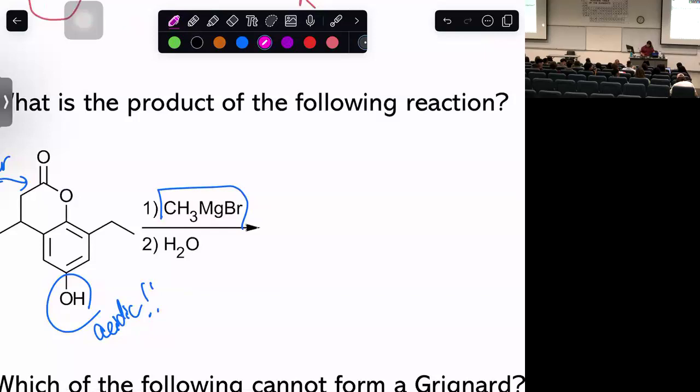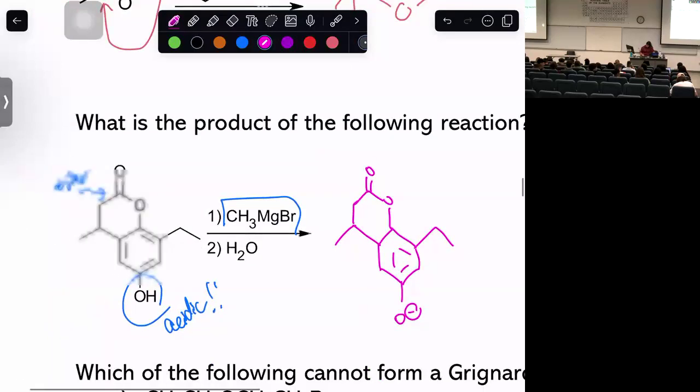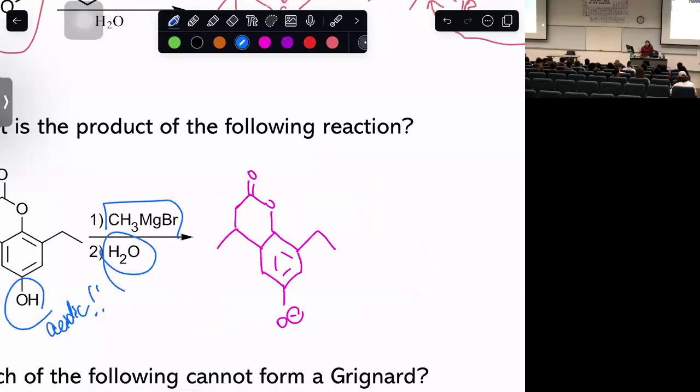So it's going to be the same exact molecule, which is going to take a little while to draw out. This is just going to be O minus, carbon chain, carbon chain. And then we're given water. So what's going to happen now? We go back to this same exact molecule.